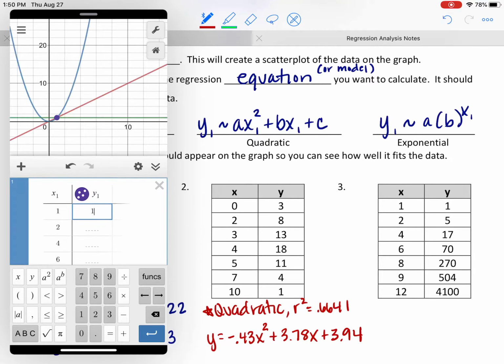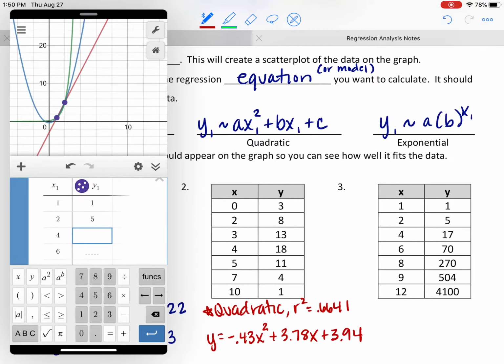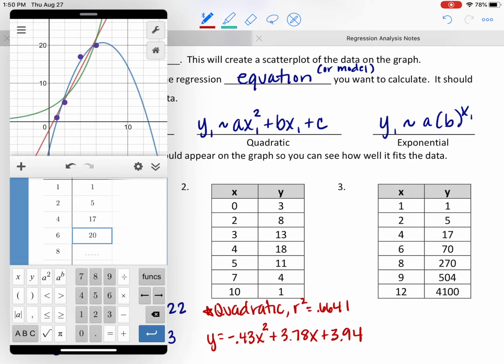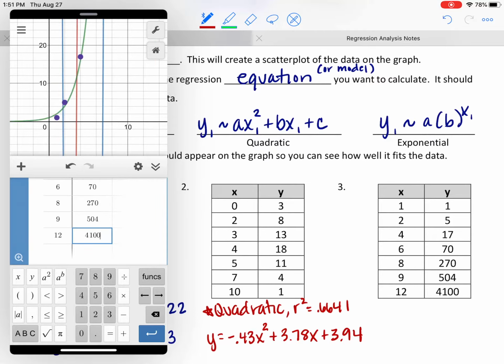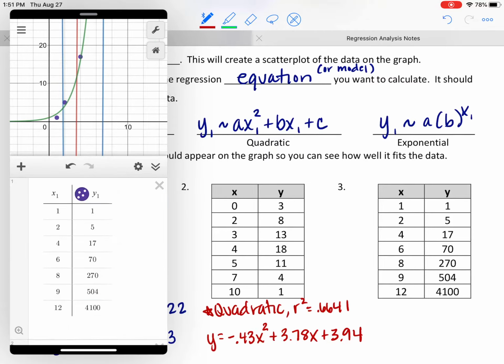And then 1, 5, 17, 70, 270. This data's starting to grow really fast. 504, and then 4100.